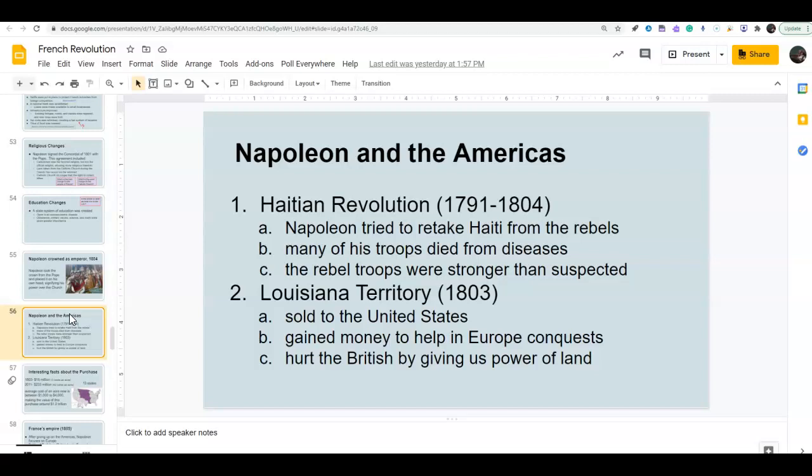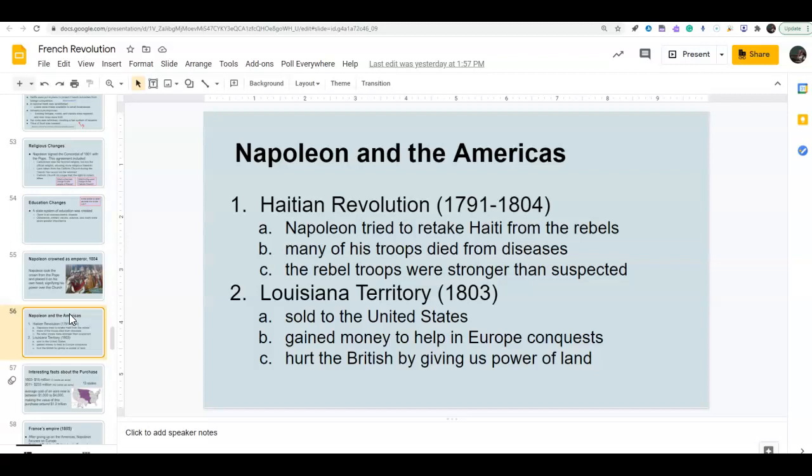So the Haitians revolt, gain independence, and then the other thing that happens is Napoleon needs money to help fund some of his wars and his projects that are going on. He's trying to conquer most of Europe, and he needs money. Now, Napoleon originally wanted to conquer essentially the world.